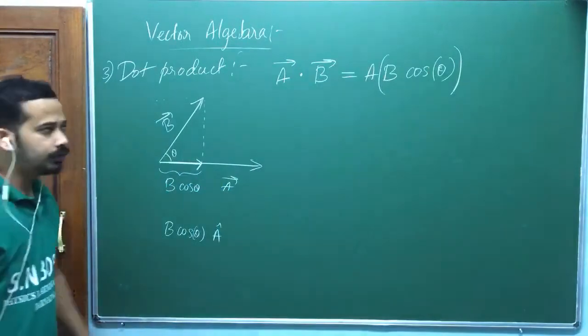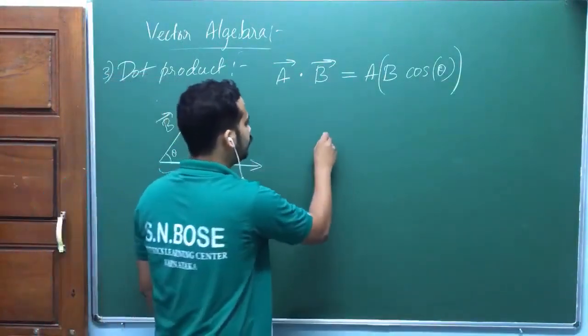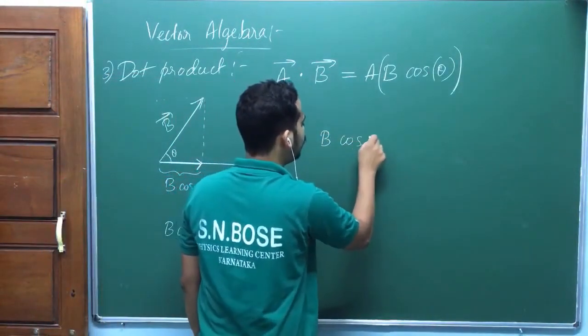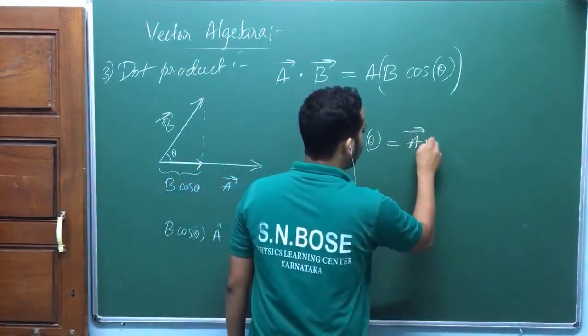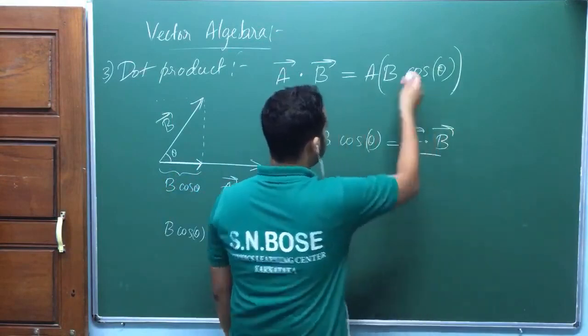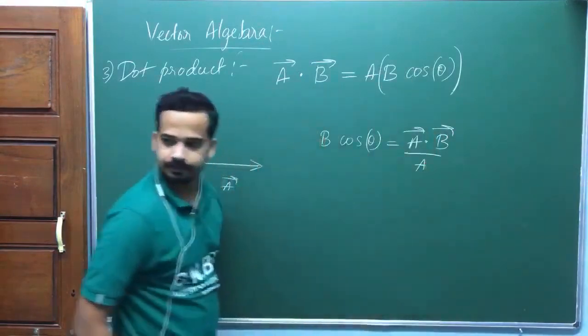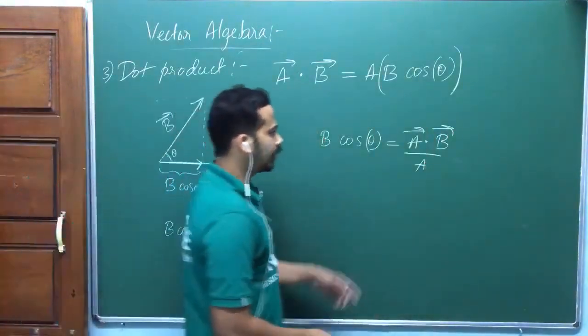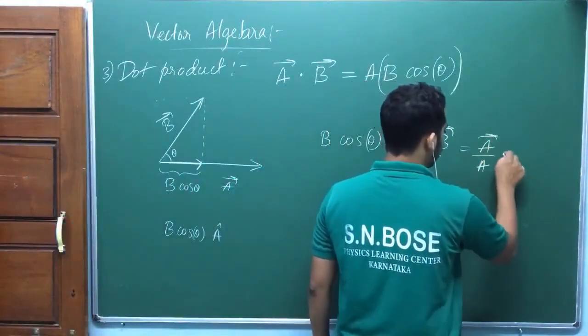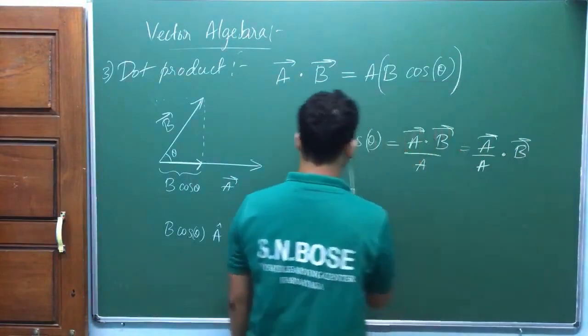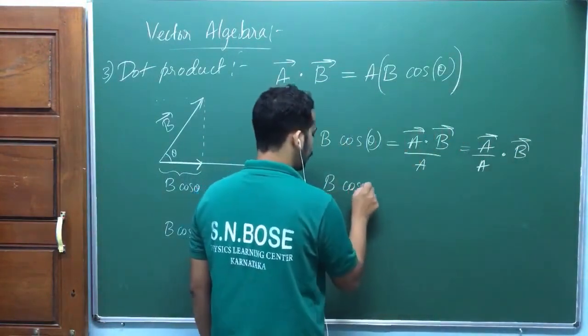Now from this equation you can see B cos theta. If you need the scalar projection or projection length, what would you do? You take A dot B divided by the magnitude of A. What is this? B cos theta.